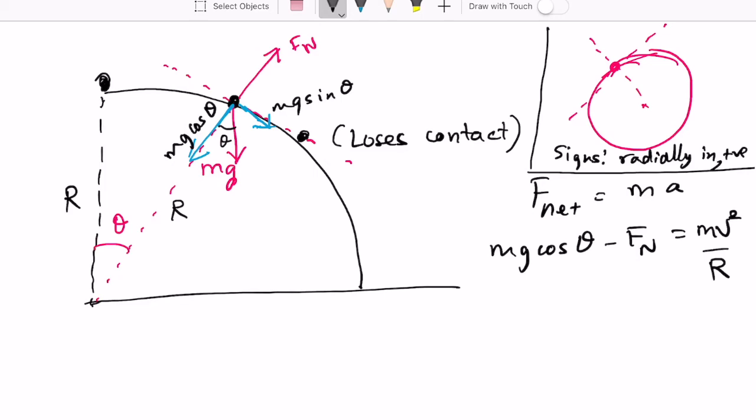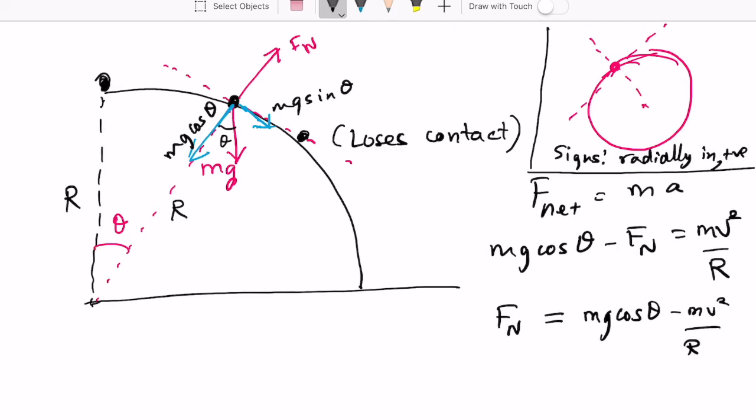So from here we can solve for the normal force. So the normal force is going to be mg cosine theta minus mv squared over r. Okay, now why did we solve for the normal force? The reason is the following. We know something about the normal force when the person is going to lose contact.